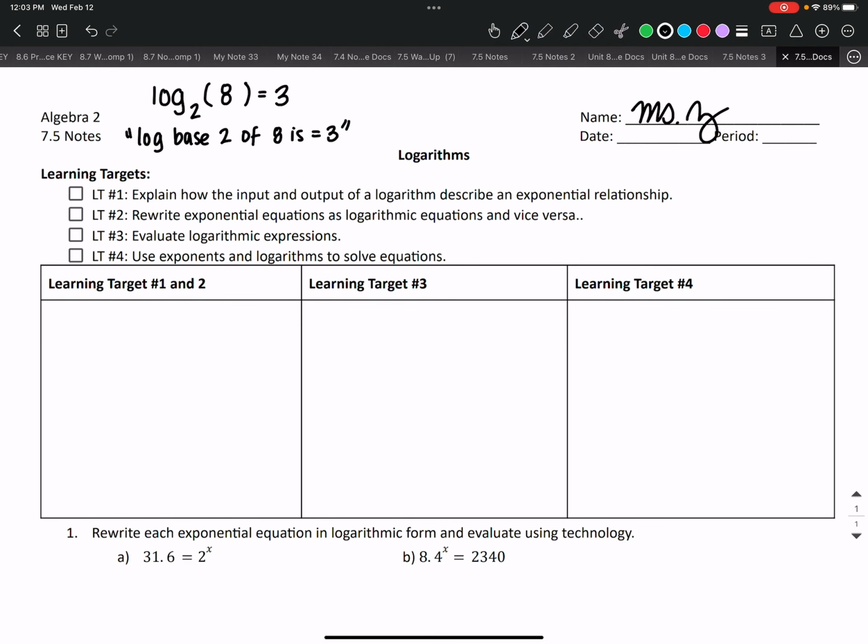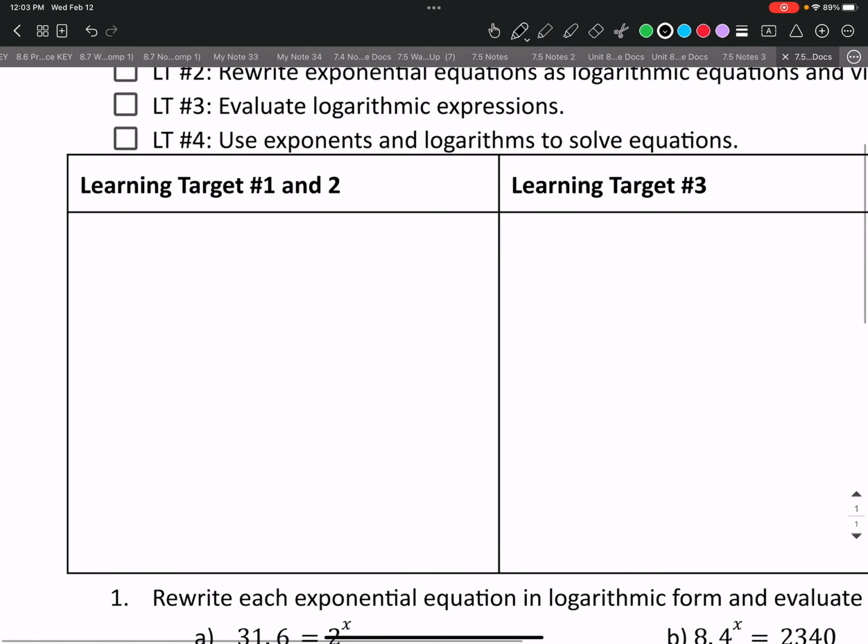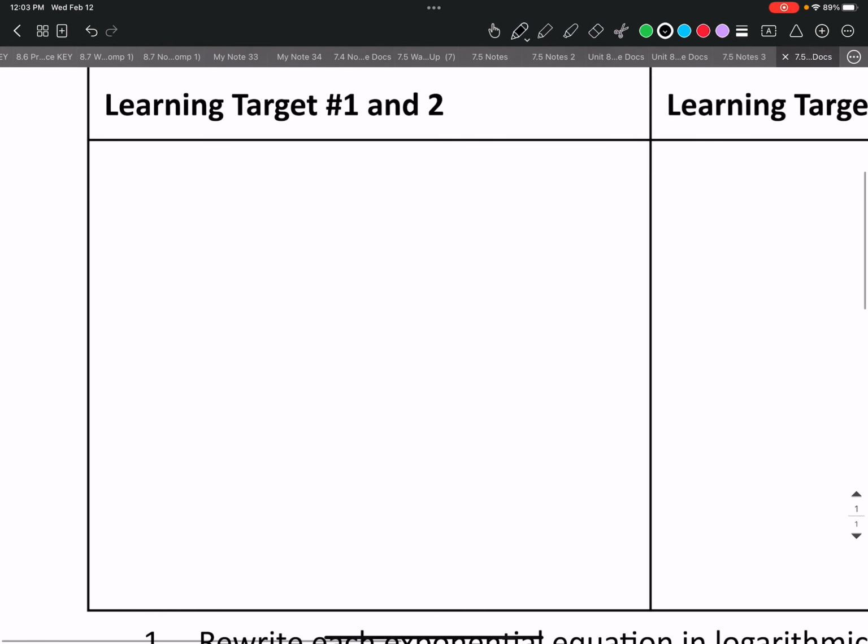So that's just what was talked about in the warm-up. And then for the first 2 learning targets, we are going to talk about how to convert between logarithmic form and exponential form. So first of all, a log is the inverse of an exponential.